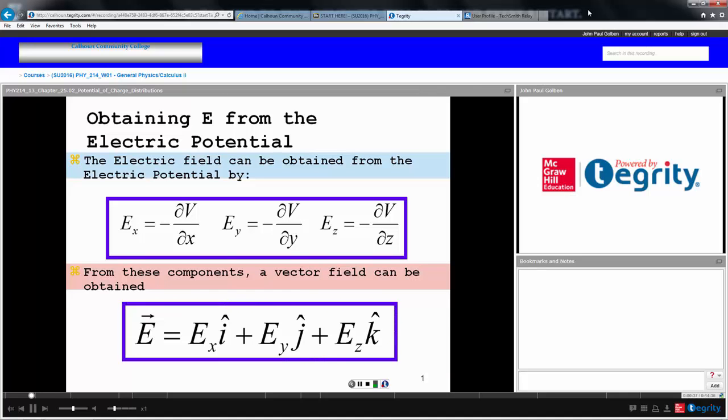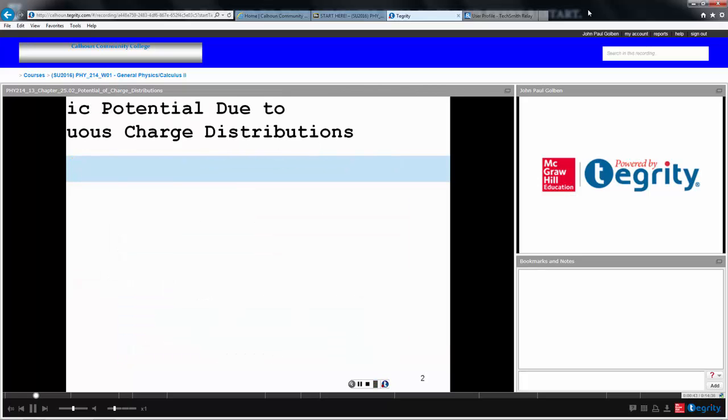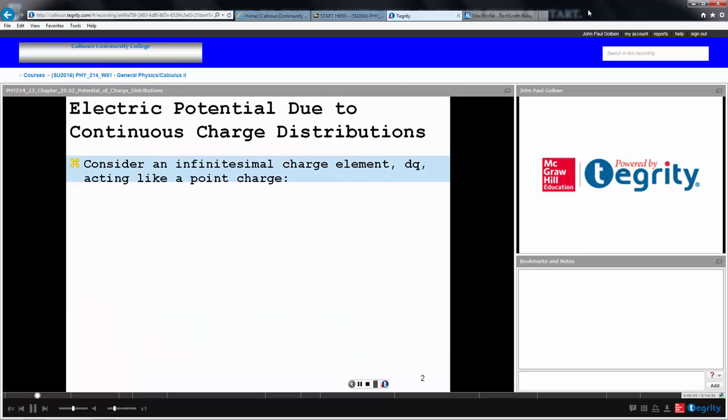We want to put this to use on a continuous charge distribution. Consider this. Say we had an infinitesimal charge element dq acting like a point charge, and hence its potential would be k dq over r, just like a point charge of value infinitesimal charge dq.